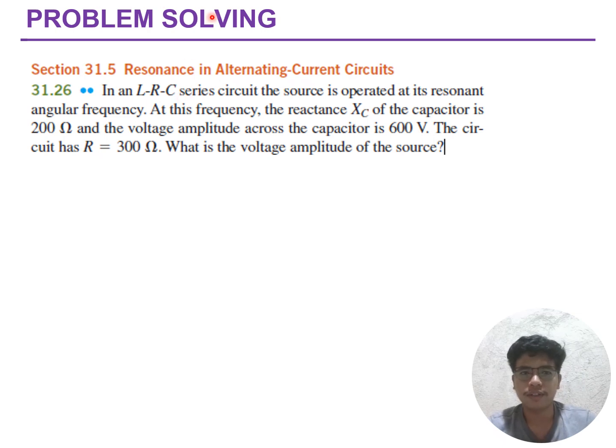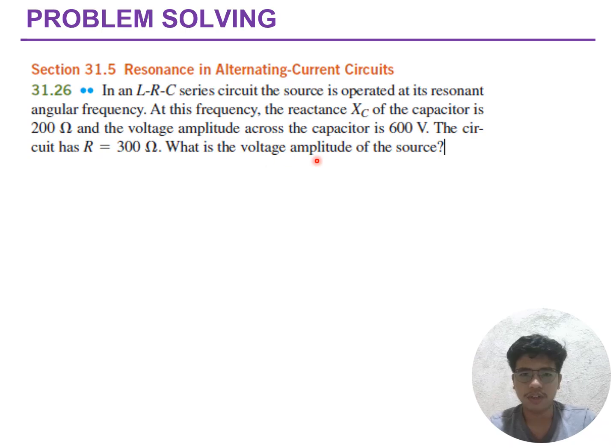So let us first have a problem to solve. In an LRC series circuit, the source is operated at its resonant angular frequency. At this frequency, the reactance X subscript C of the capacitor is 200 ohms and the voltage amplitude across the capacitor is 600 volts. The circuit has R equal to 300 ohms.